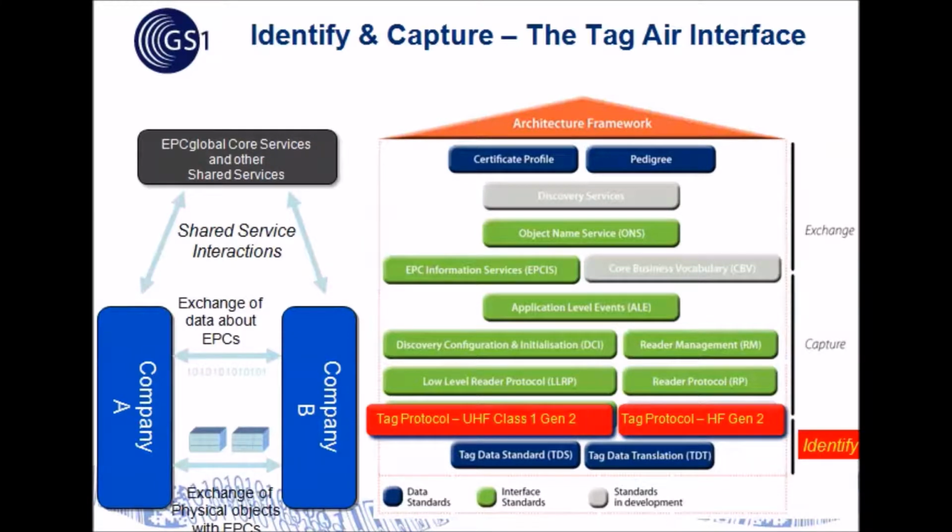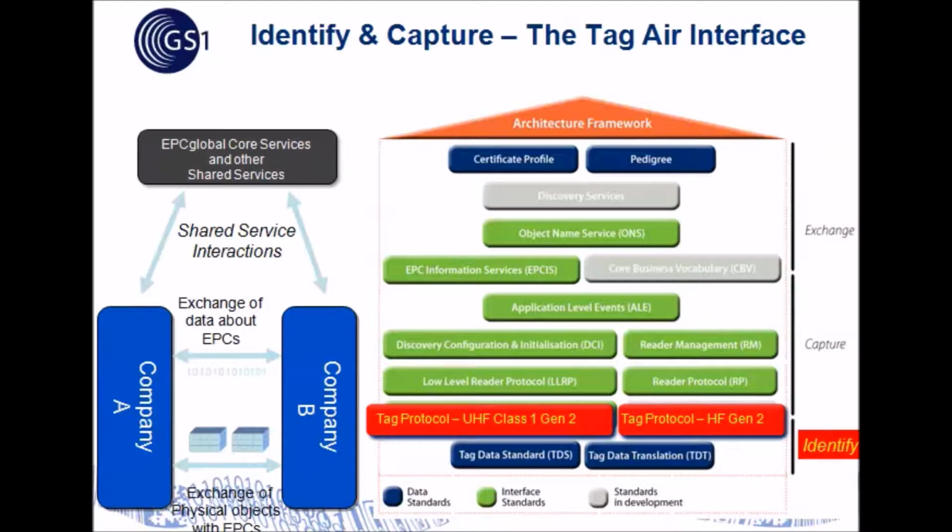to transfer the data from the RFID tag to the RFID system, especially between the RFID tag and RFID reader. There are several tag air interfaces defined by the GS1 or EPC Global.